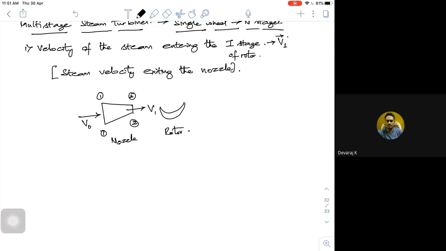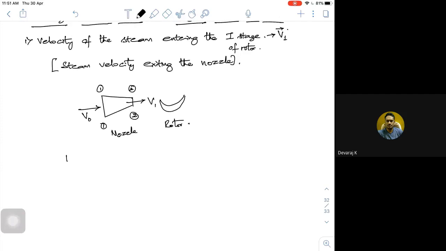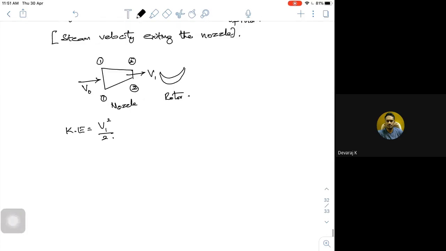And what will be the corresponding kinetic energy? The corresponding kinetic energy will be V1 square by 2. So we see kinetic energy as the form of energy that's available. Sometimes they give the nozzle efficiency.